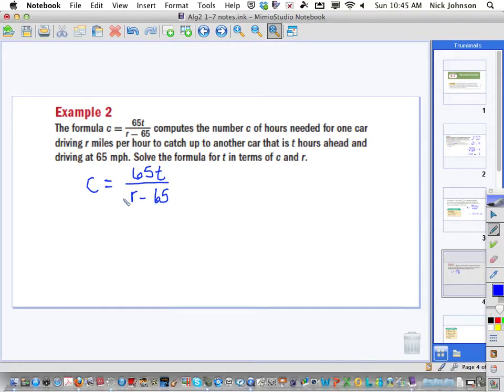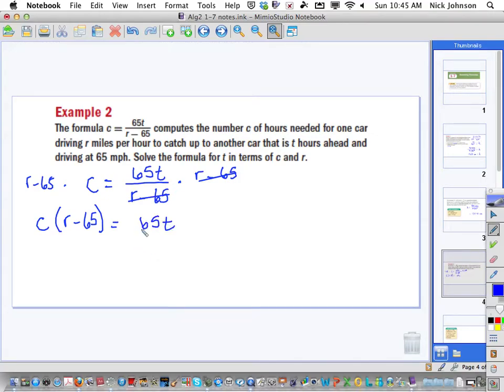So what I have to do is get rid of this R minus 65 from the bottom. So the inverse of dividing by R minus 65 is multiplying by R minus 65. Whatever I do to one side, I obviously have to do to the other side. I'm going to write it like this, because it just looks neater. Those divide out, leaves me with 65T.